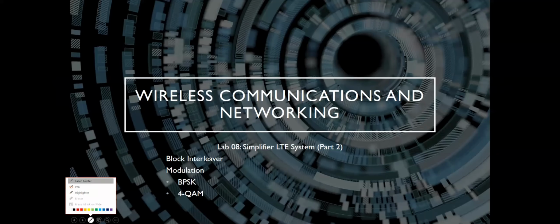In today's lab, we will be covering the block interleaver. I'll explain this in detail, and then I'll also explain what modulation is. Since we had already covered BPSK modulation, we will see it once again with the LTE system, and also we will cover one of the QAM advanced modulations, which is 4 QAM. There are different types of QAM, so 4, 16, 32. I'll also explain the difference between them.